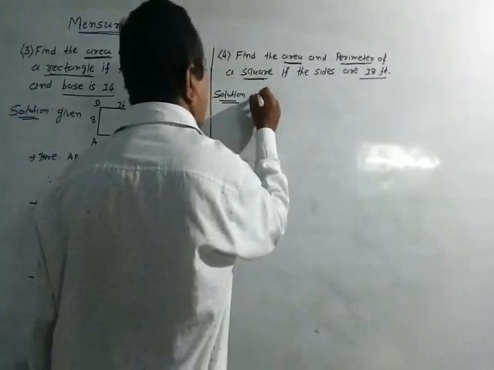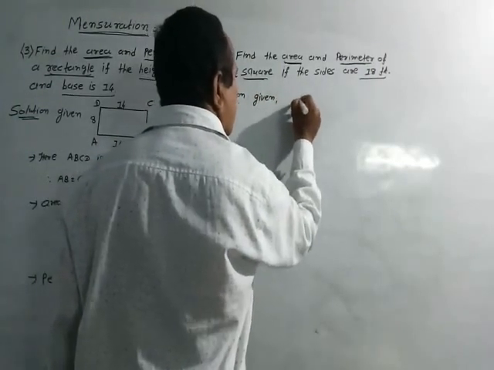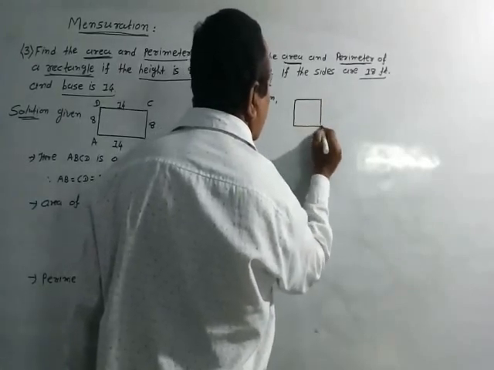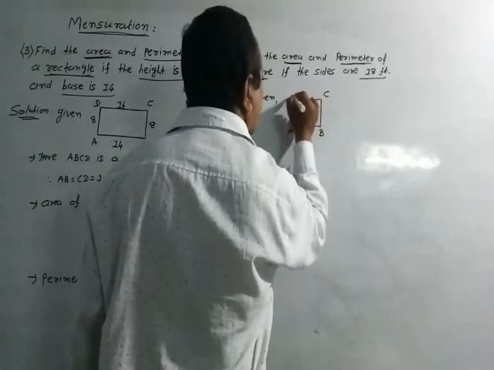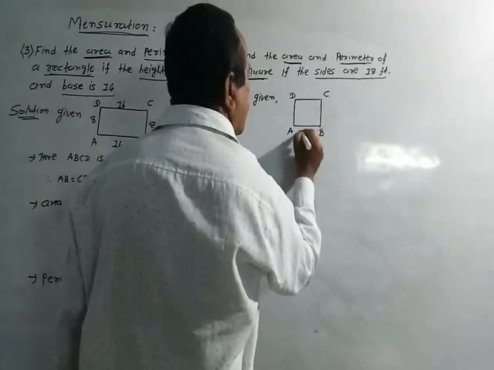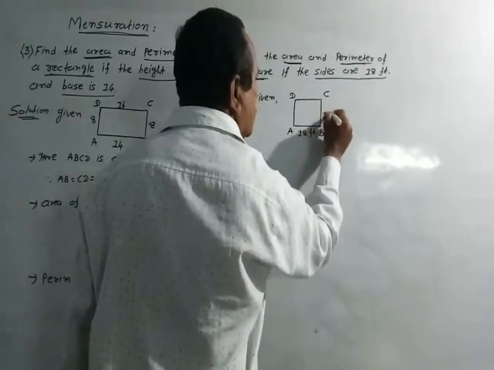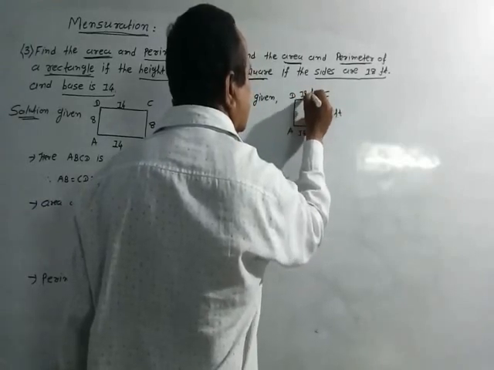So here given square ABCD, with corners A, B, C and D. Length of sides is 18 feet. So here 18 feet, 18 feet.